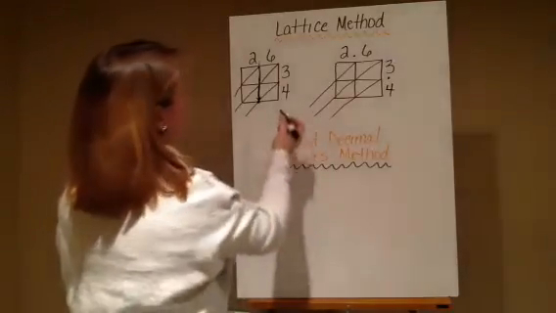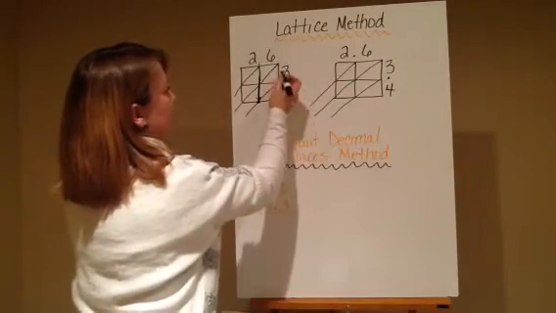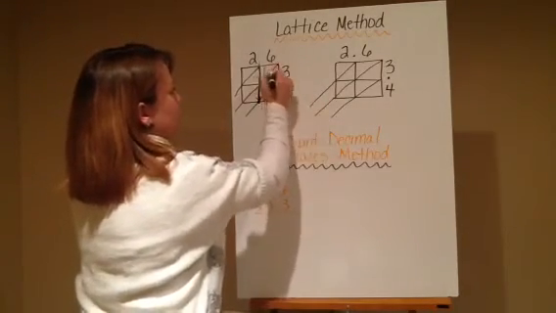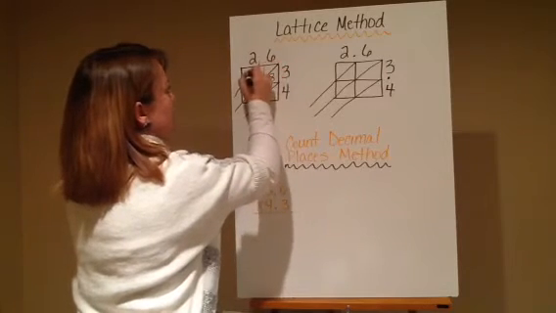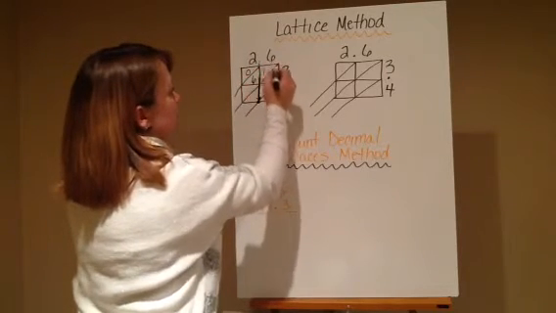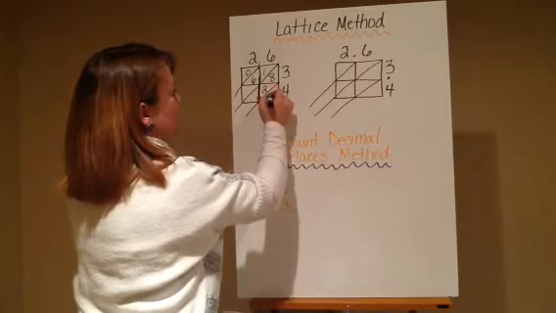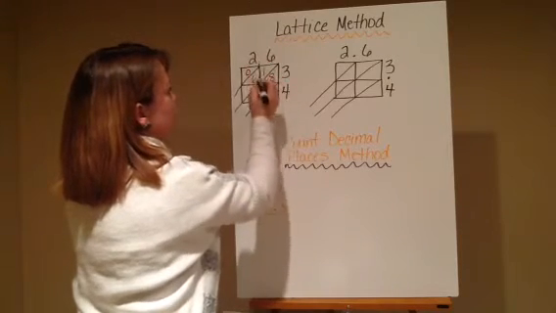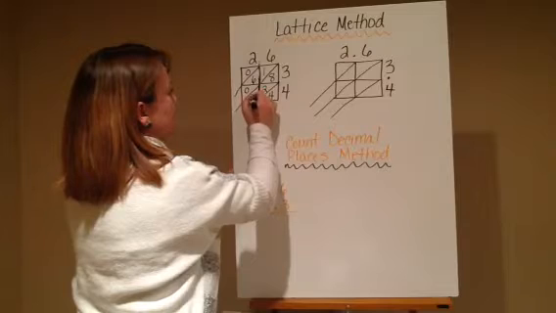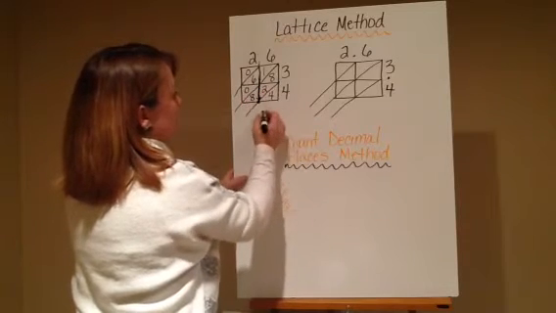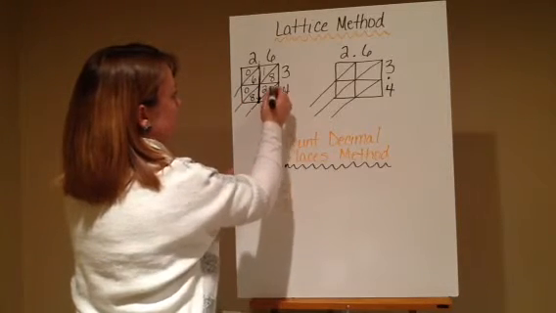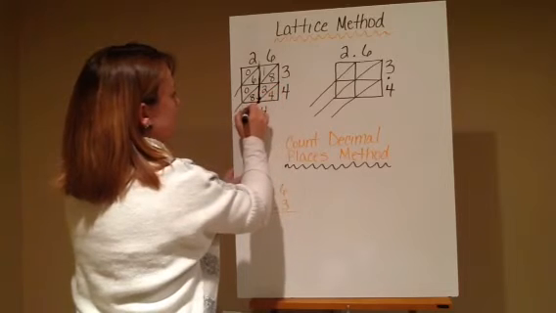Okay? So we're basically going to multiply this out like we do normally. 2 times 3 is 6. 6 times 4 is 24. 4 times 2 is 8. And then we're going to add on the diagonal like we normally do. 10 and 18.